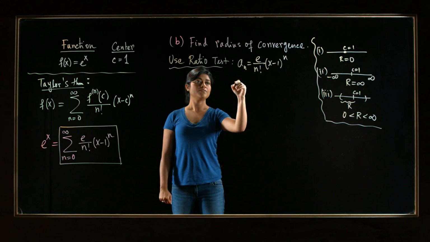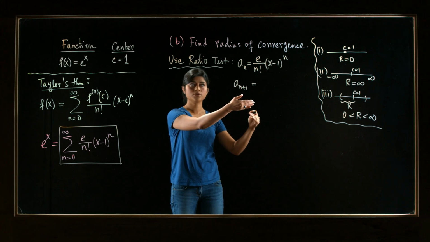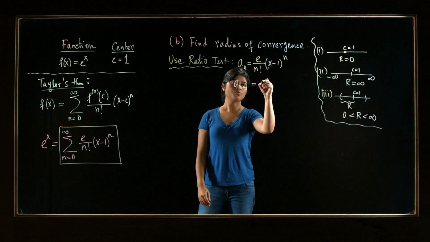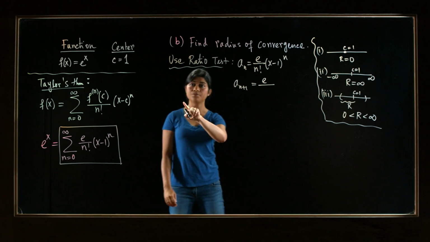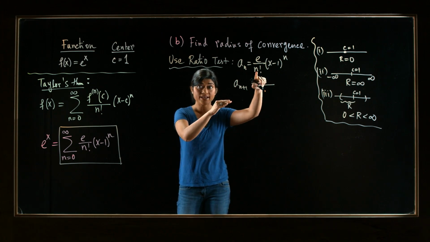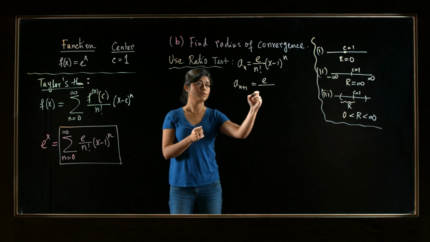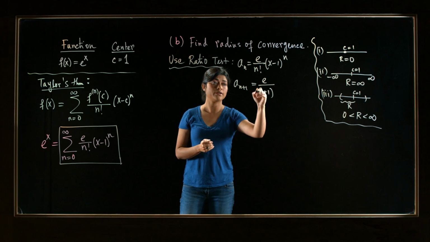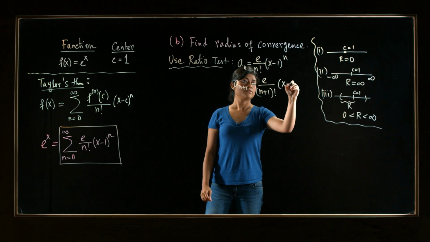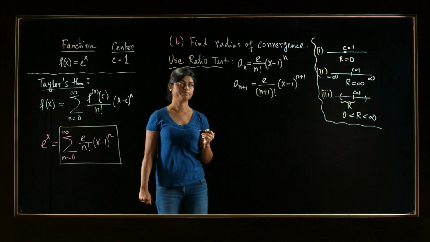Now to get a_(n+1), it's nothing but the next term. Wherever there is n, you plug in n plus 1. And that will be e over, now be careful, you are replacing n with n plus 1, so don't write n factorial plus 1, but write (n plus 1) factorial. That's very important. And x minus 1 will also have the power of n plus 1.